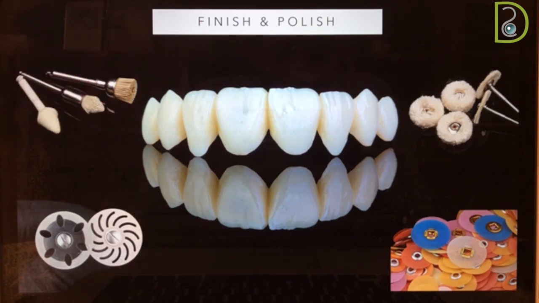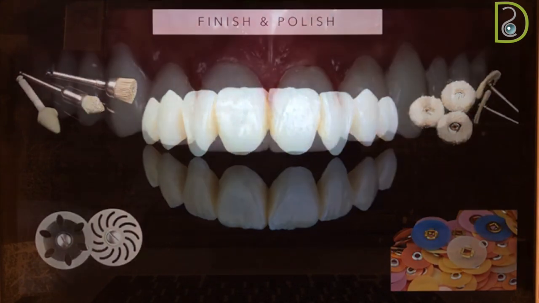It gives a highly glossy polish, since polishing particles are already embedded inside the brush itself, so you don't need to use a paste with it. Also the buffing wheels, but this one, the one over here, you're going to need to use a fine pumice with it. And lastly, you have your soft lex. It's going to be helpful in recontouring, finishing, and polishing as well.